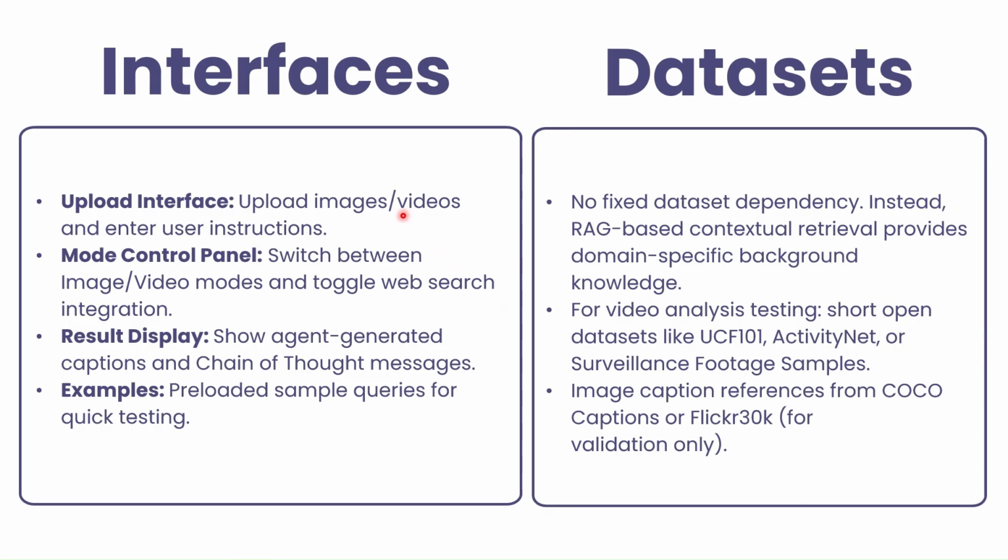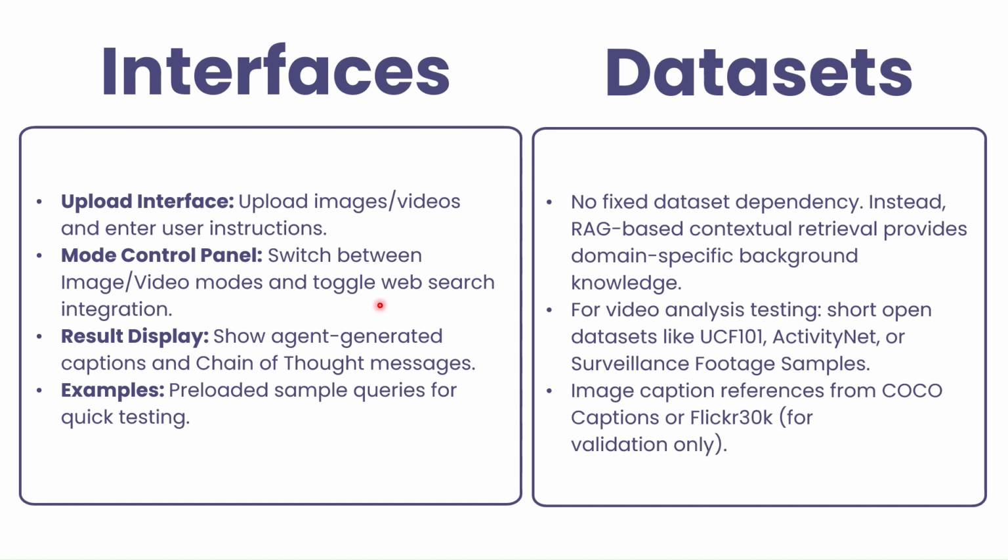Now coming to the interfaces, first we have upload interface. So this is where we can upload the images or videos, and we can simply enter the simple instruction that the user wants to give. And then we have the mode control panel. So we have two major inputs, that is image and video. There's a toggle switch which enables the user to switch between image and video modes. And they can also toggle the web search integration.